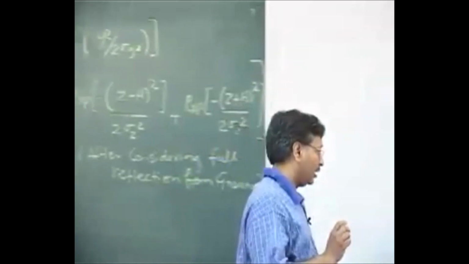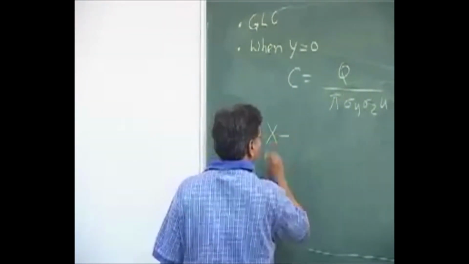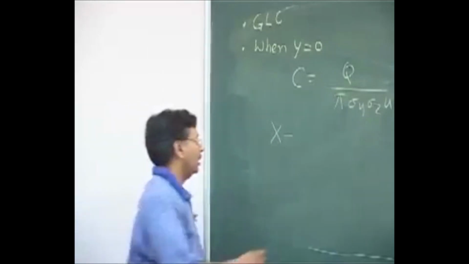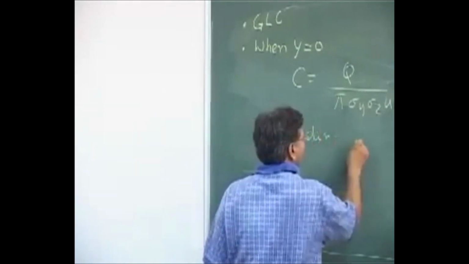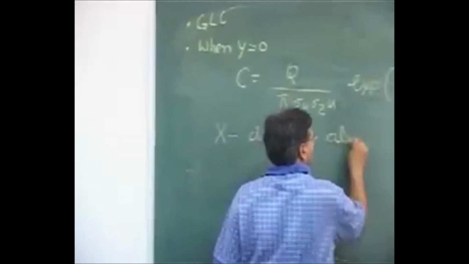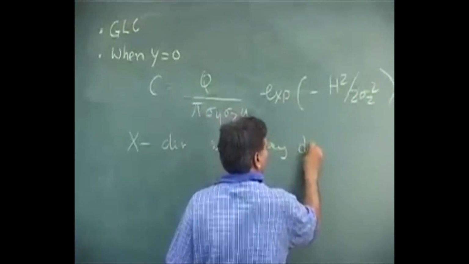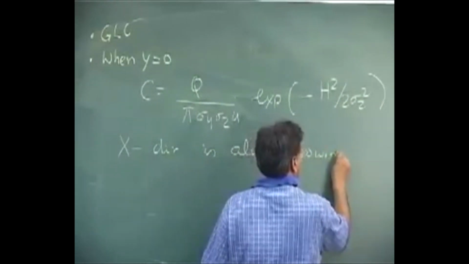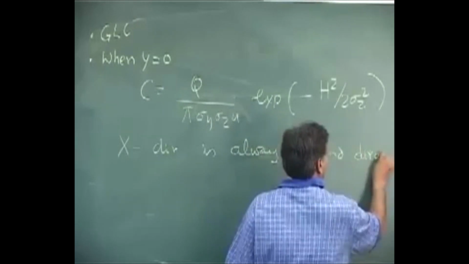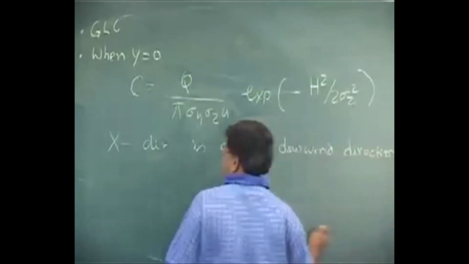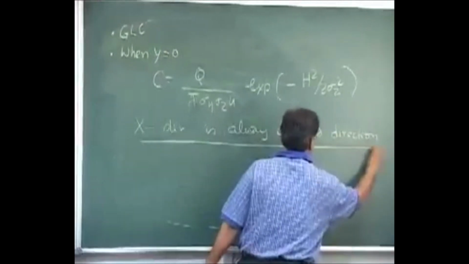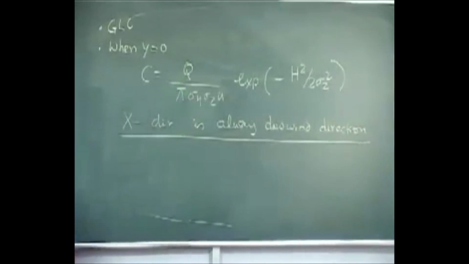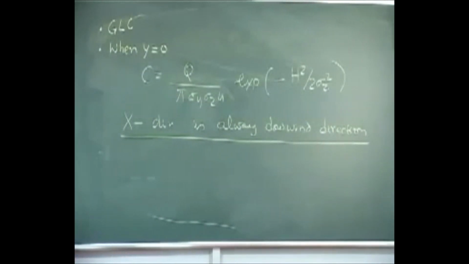Always remember and underline that the x direction of the coordinate system is always the downwind direction, because that has been the assumption all through.